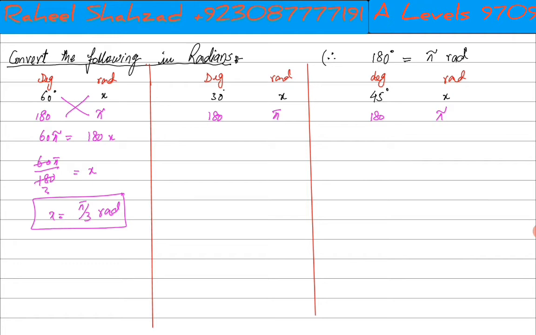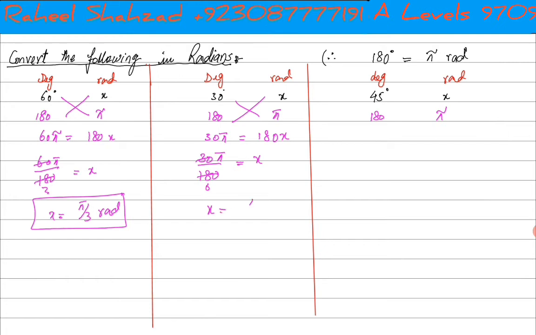Secondly, in the second question, we have to convert 30 degrees into radians. So 30 pi is equal to 180x, so 30 pi divided by 180 is equal to x.